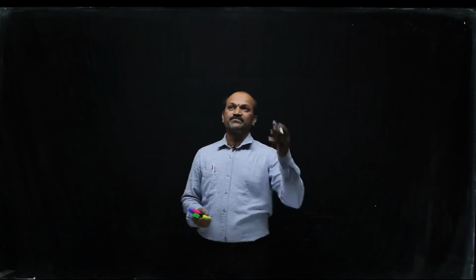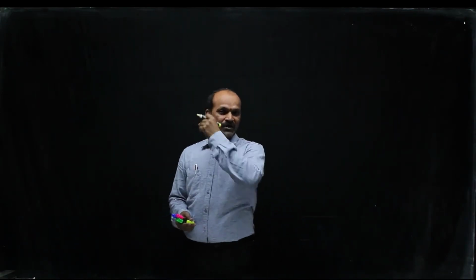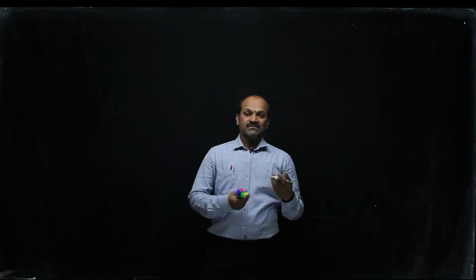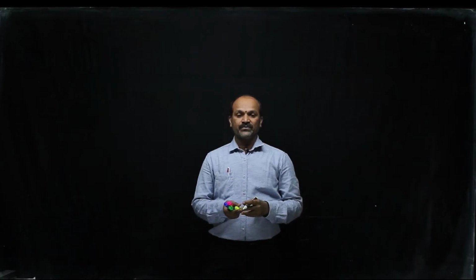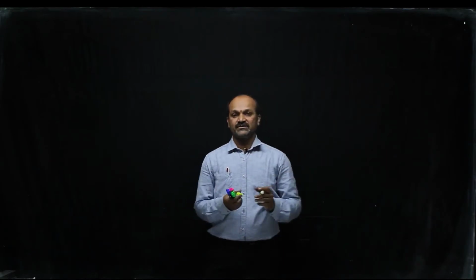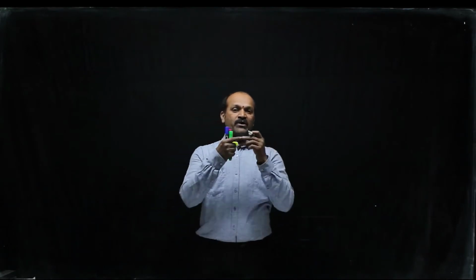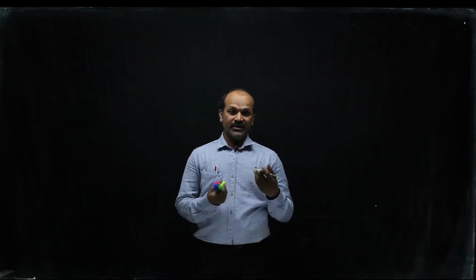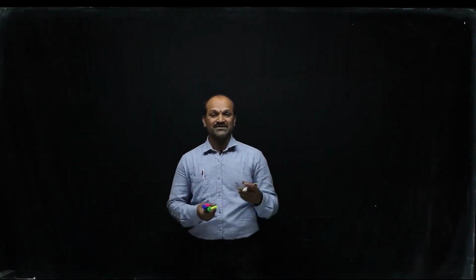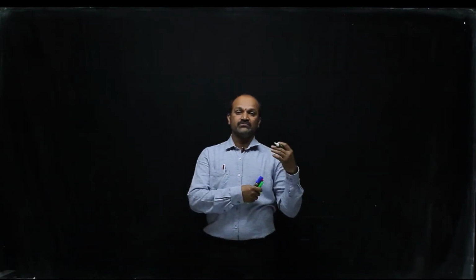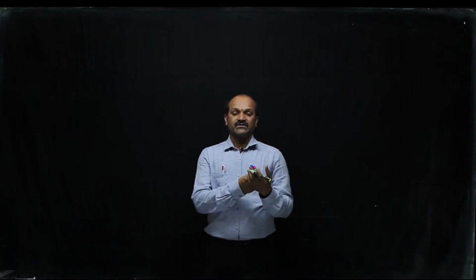Today in this video we'll discuss what happens when a transverse wave is transmitted through two different wires of different impedances. At the boundary of these two media or wire strings, how does the wave behave?